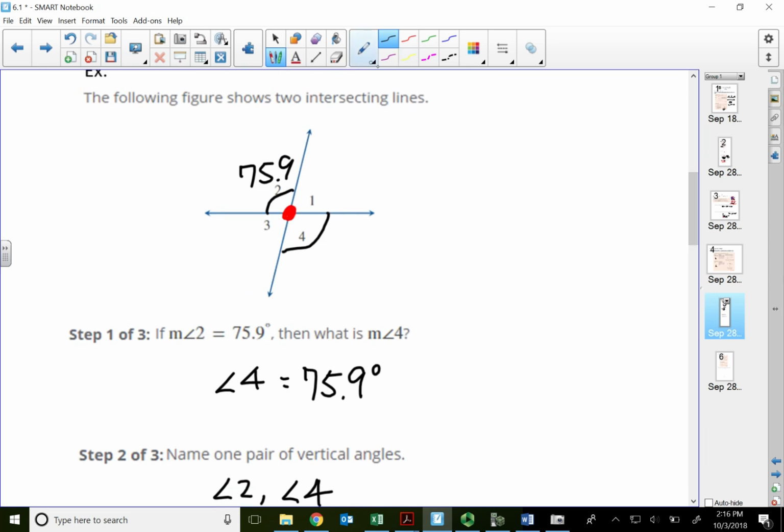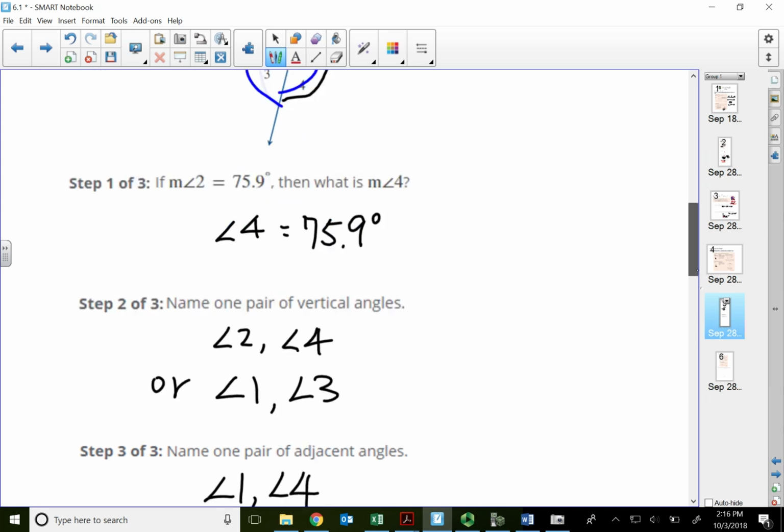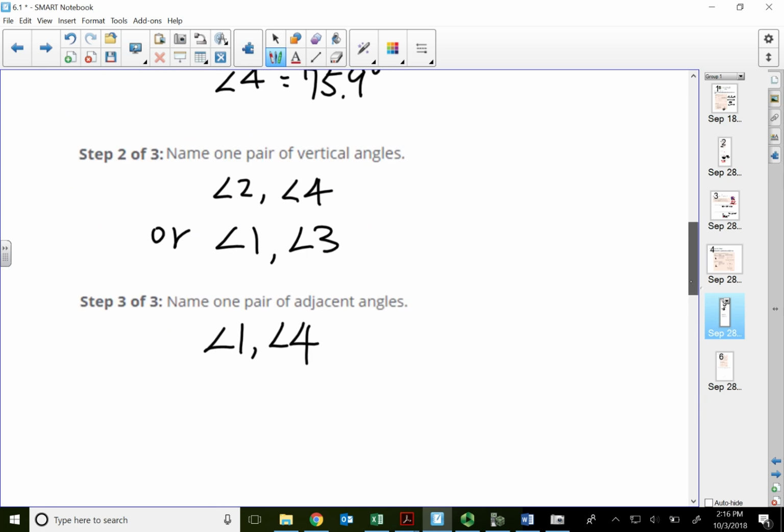I can also go back and say, well, angle 1 right here is actually right next to angle 2 because the two angles are sitting on and touching the same line. So 1 and 2 can be a pair. Or I can say 2 and 3 is on the same straight line. Or I can say 3 and 4 is on the same straight line. So I can name different pairs as long as they're right next to each other.